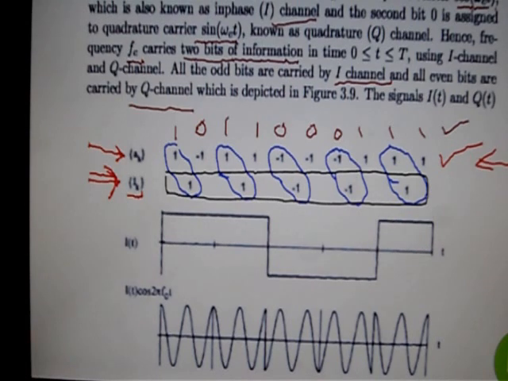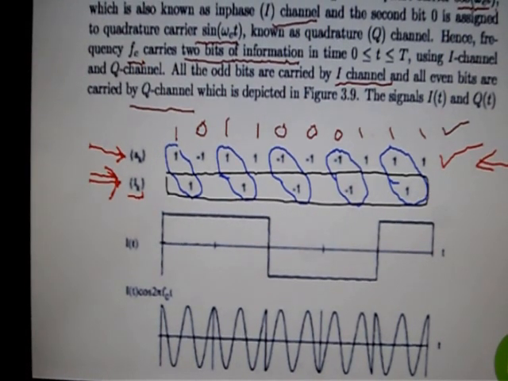This sequence I of k represents the odd number of bits from this data. So the odd number of bits from this data would give you I of t, the signal I of t, which is just a polar NRZ signal waveform.